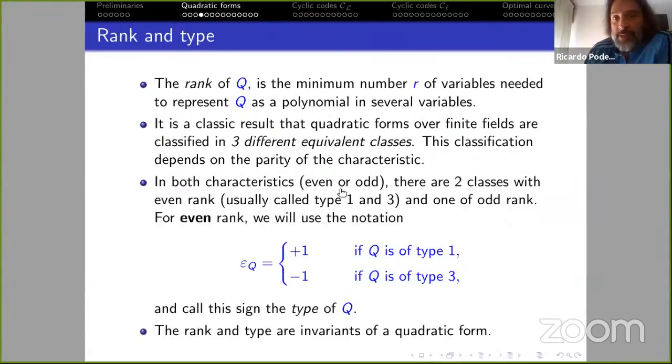In both characteristics, even or odd, there are 2 classes with even rank and only 1 with odd rank. So for even rank, we consider this sign, this number, epsilon(Q), which is 1 or -1, depending on the type, if the type of Q is 1 or 3. And this is the type, and the rank and the type are invariants of the quadratic form. Okay.